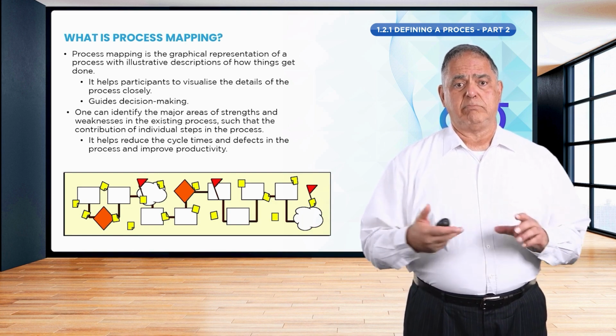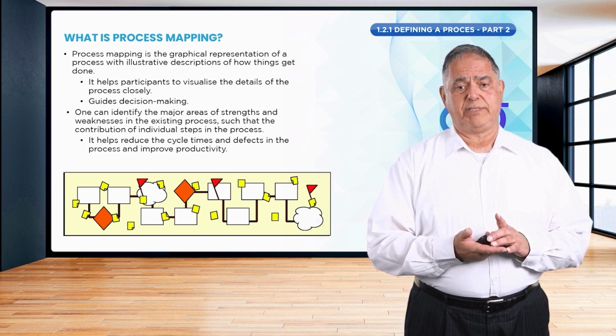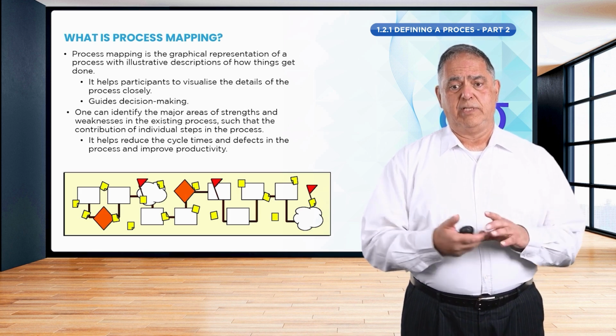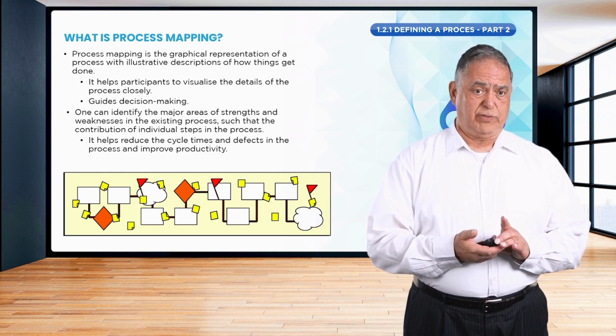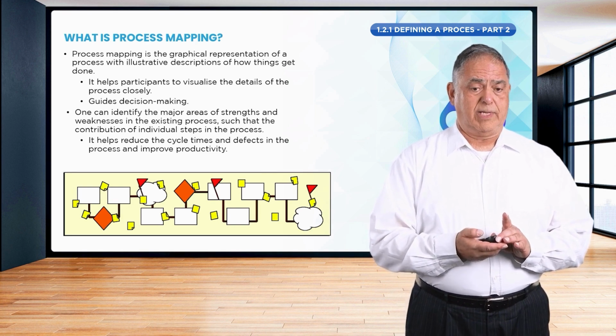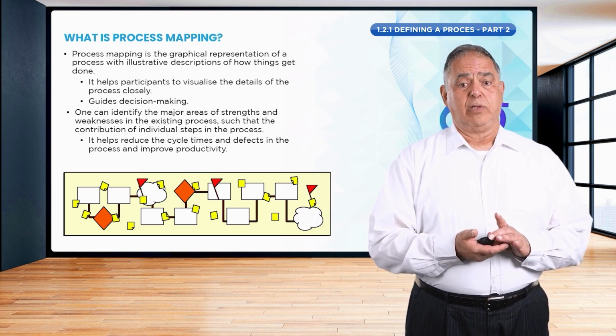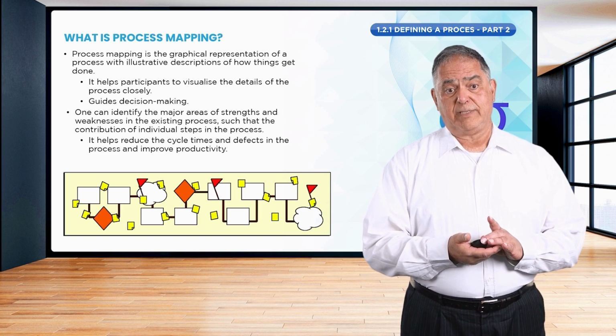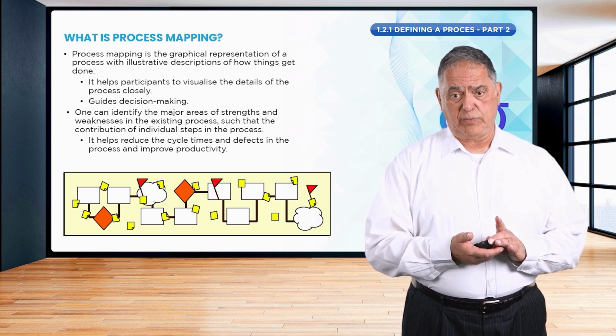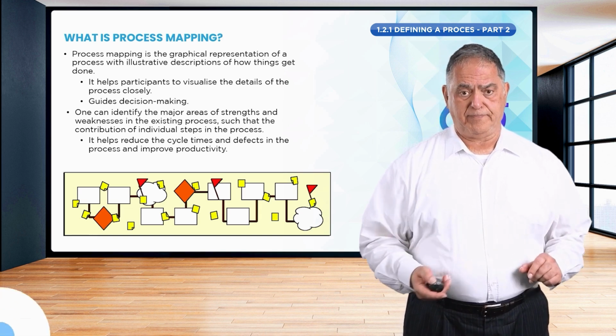So, a process map is a graphic representation, just like you can see in the figure. We have post-it notes. We can use different standardized process mapping symbols, etc.